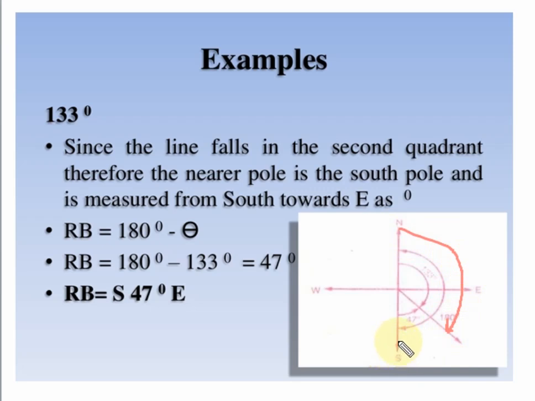Here the survey line is nearer to the south. So the reduced bearing is 180 minus 133, that is 47 degrees, because here it is 0, 90, 180. So the total value is 180 minus 133, you get the reduced bearing. So here you can write south 47 degrees east.